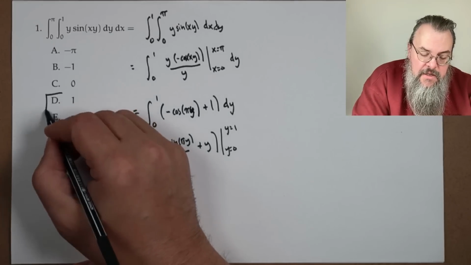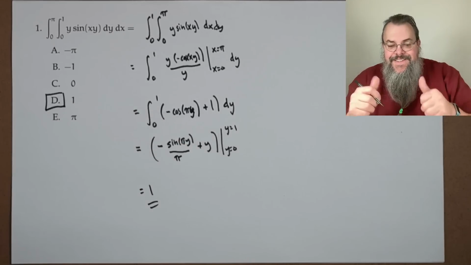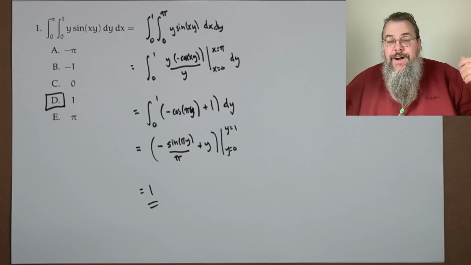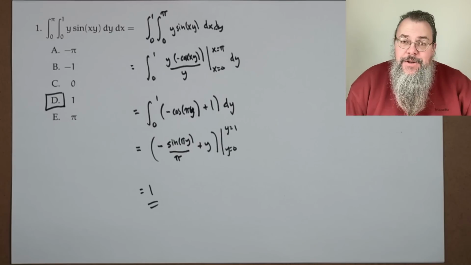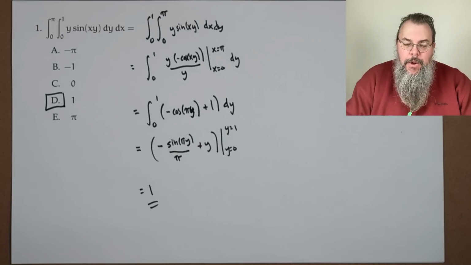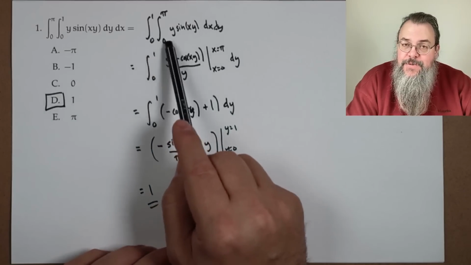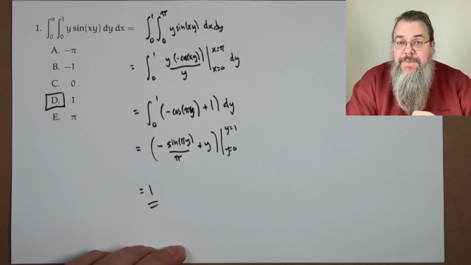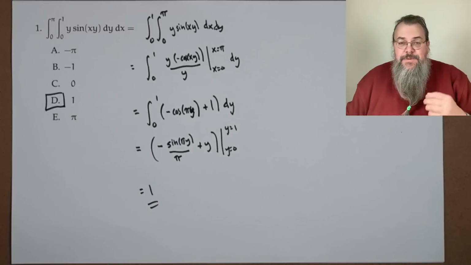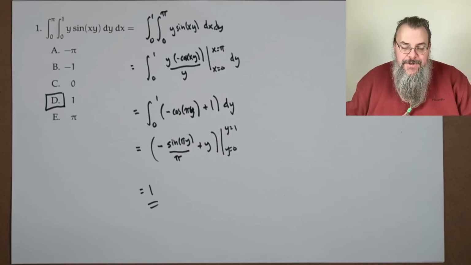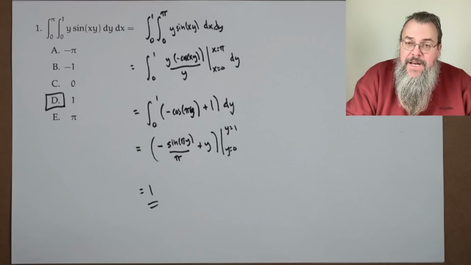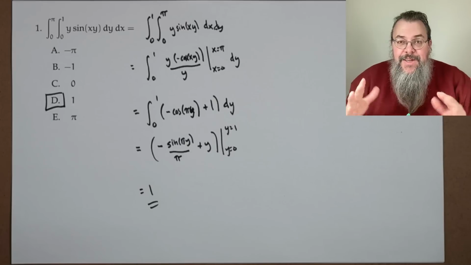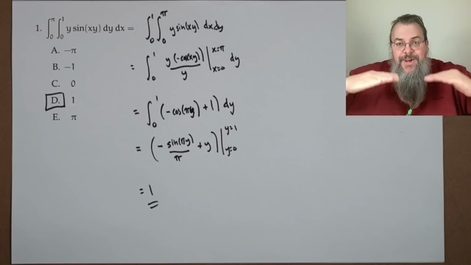All right. Good. Nice. Now, on a side comment, we're not going to go through and actually look at this, but if you had forgotten to switch the bounds, you wouldn't have gotten 1, you would have gotten pi. And so be careful. Just because the answer might match one of yours doesn't mean you didn't make a mistake. And so be methodical.